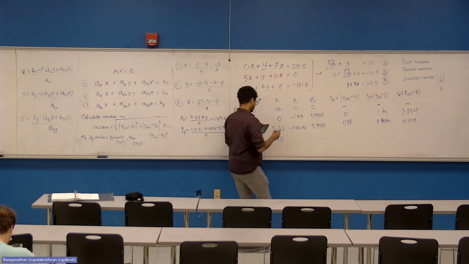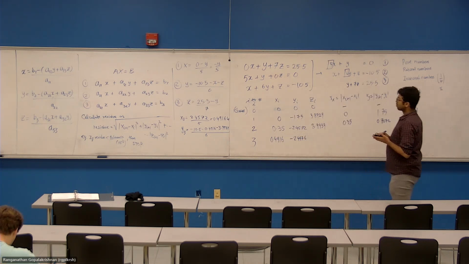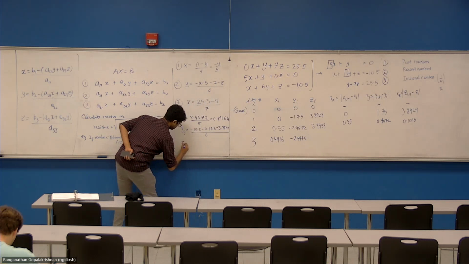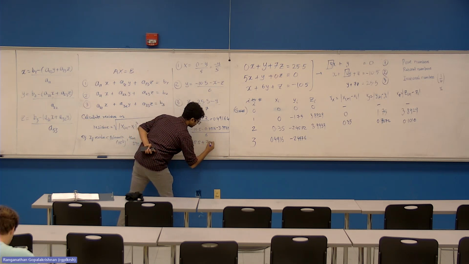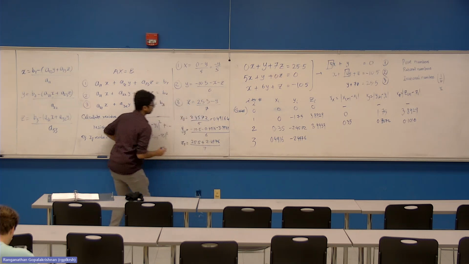Two point four nine minus 2.4976, and Z3 is 25.5 plus 2.4976 divided by 7.